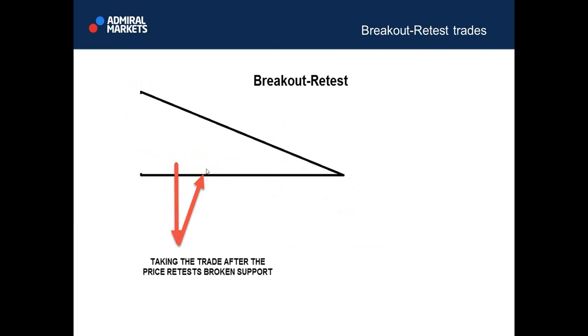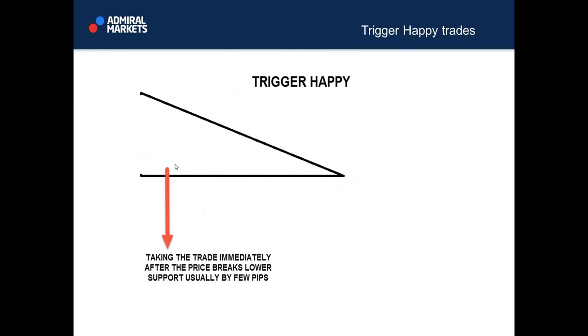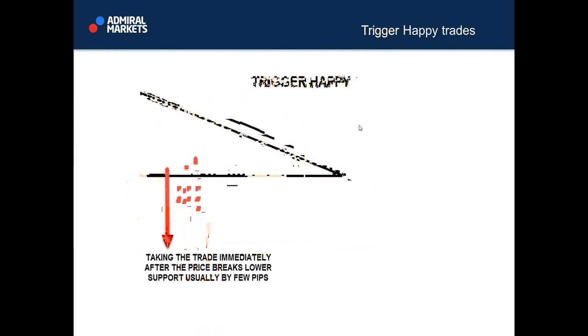You are effectively selling when the price has done a pullback. But a trigger happy trade can be selling too low or buying too high, which I really don't recommend, guys. I would never recommend buying the price too high or selling the price when it's too low. So in between, breakout trades can be done, as I said.